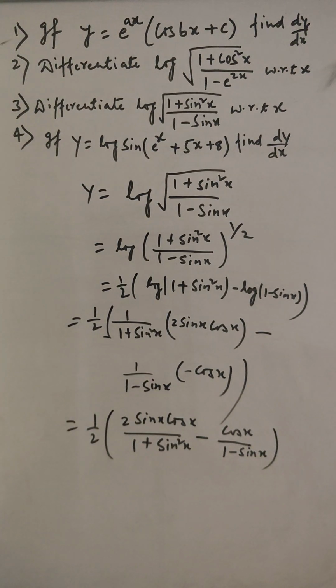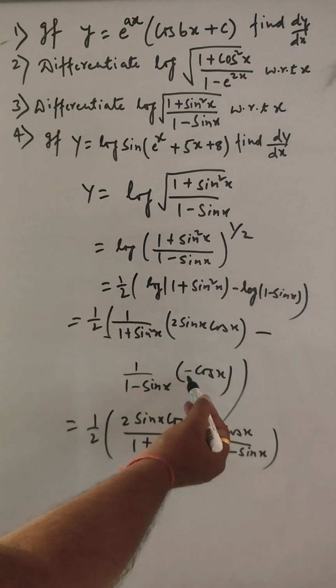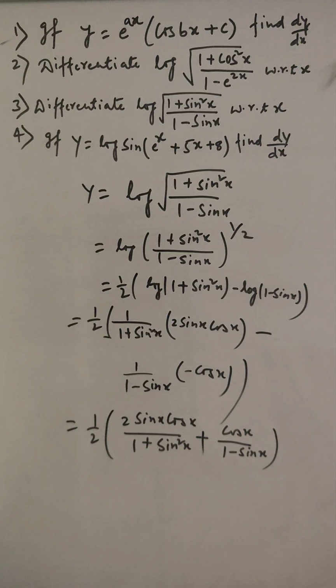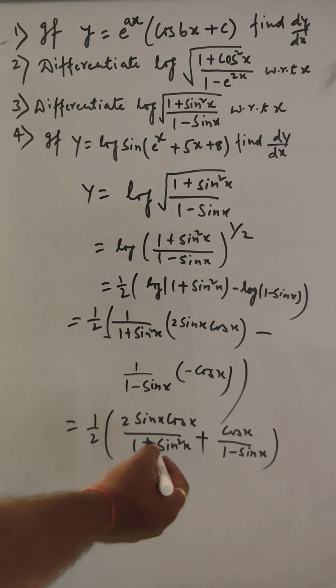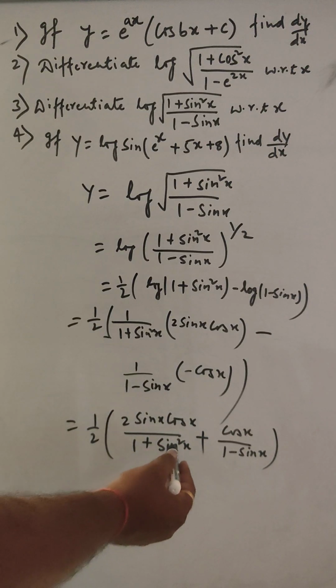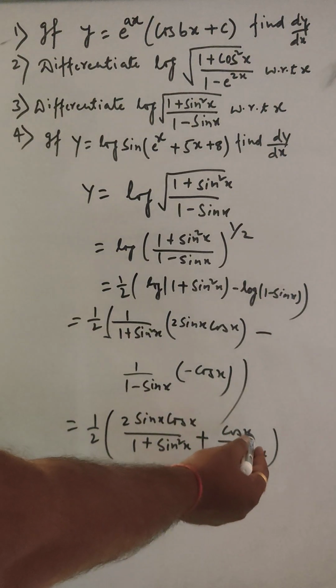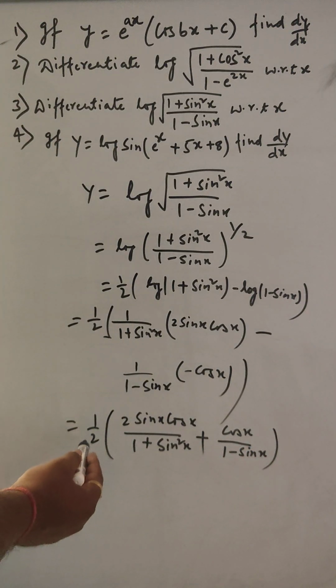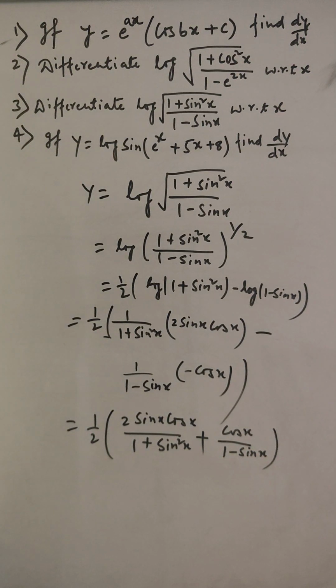Okay, and see here this minus and this minus, then it will be plus, right? So here 2 sin x cos x divided by 1 plus sin square x plus cos x divided by 1 minus sin x, and here multiplied by 1/2. Okay, so this is the answer of your problem.